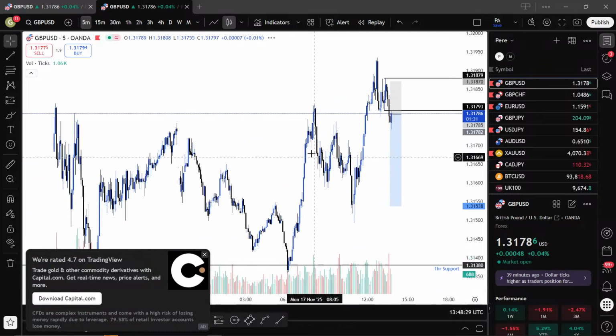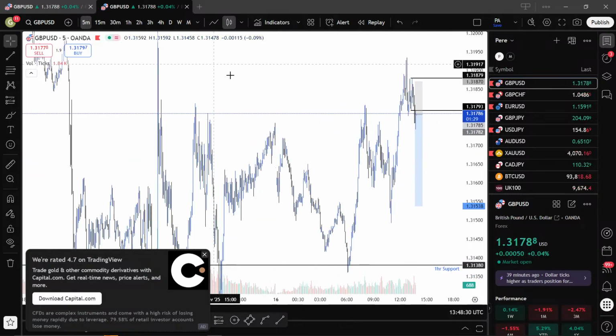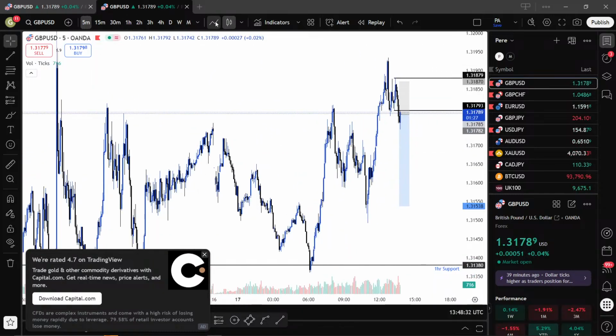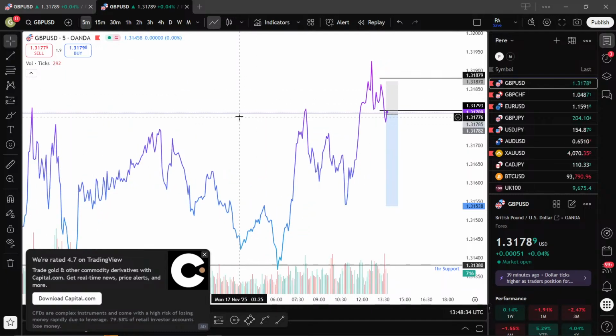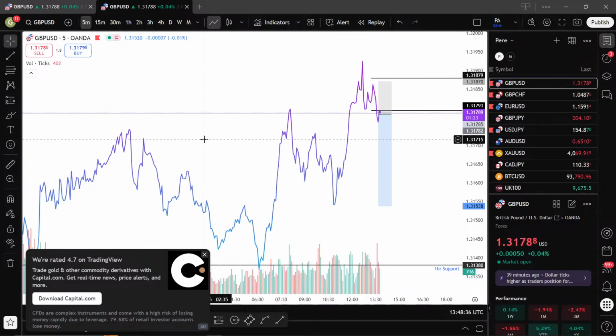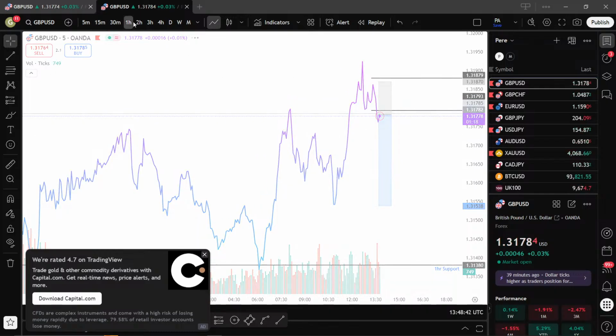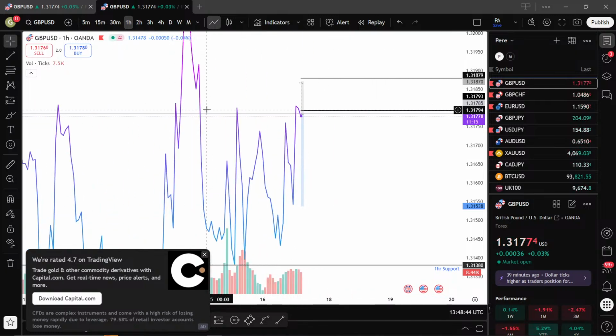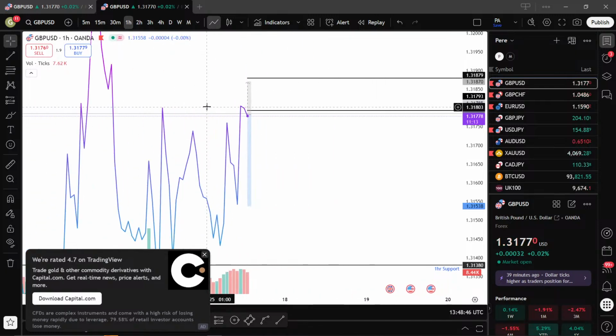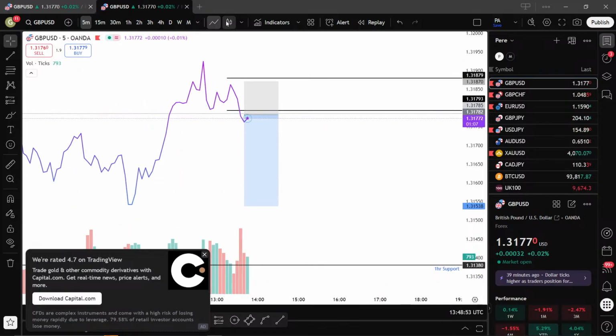Now this trade on GBP USD is a kind of risky one, considering the fact that it is sitting on a strong level, but we just keep holding. Let me drop down to the 5-minute time frame and see what it is doing.